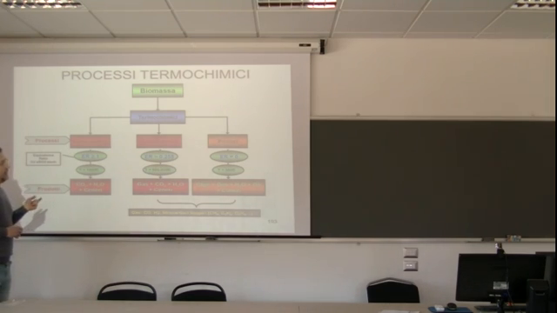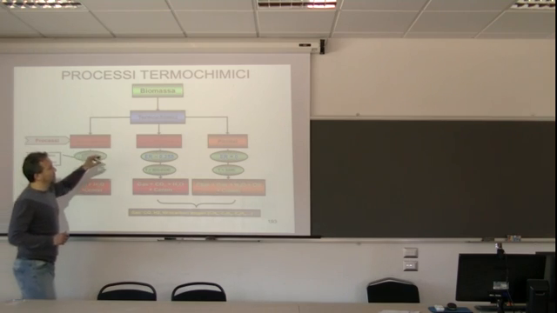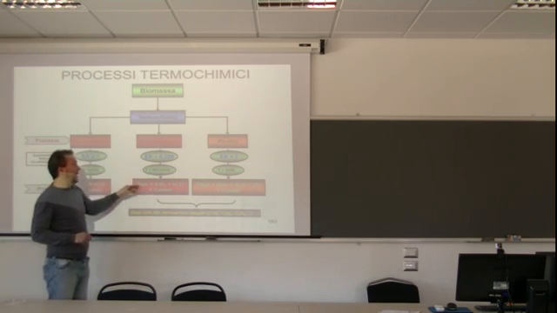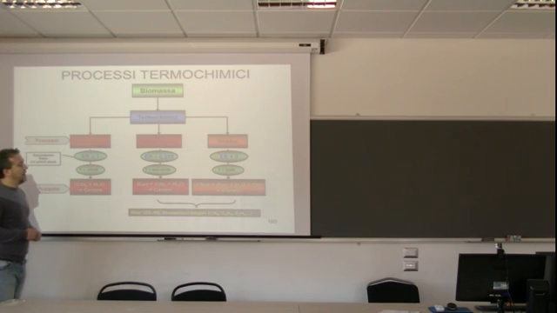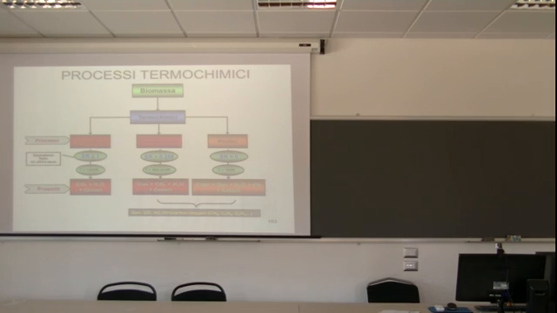What is the advantage of not having a complete combustion, but having an intermediate product, or more than one intermediate product, in the system? Yes, there are two completely different technologies.